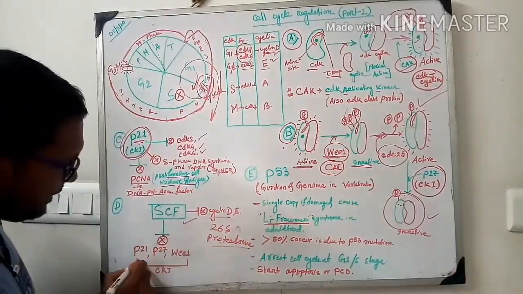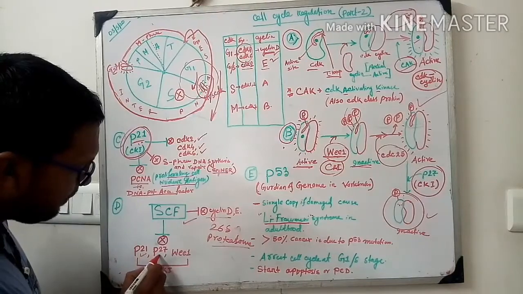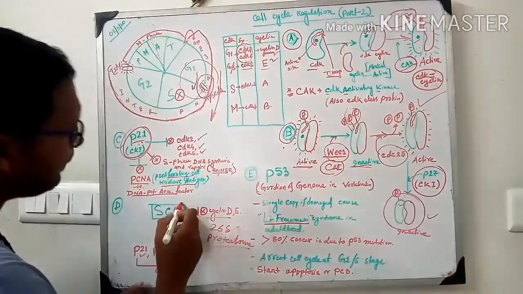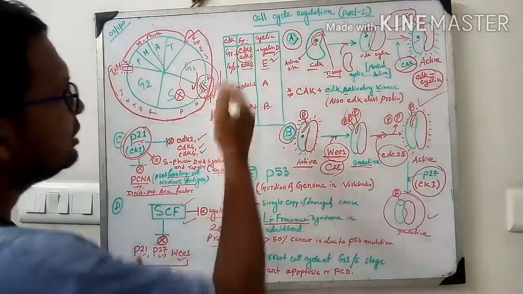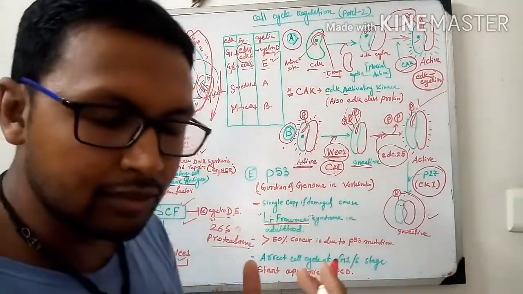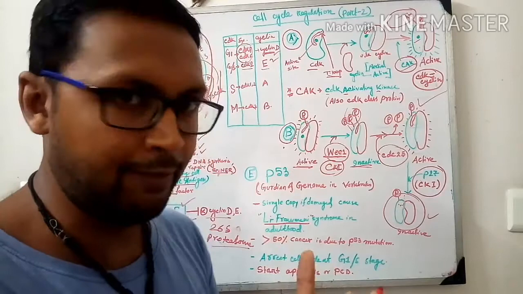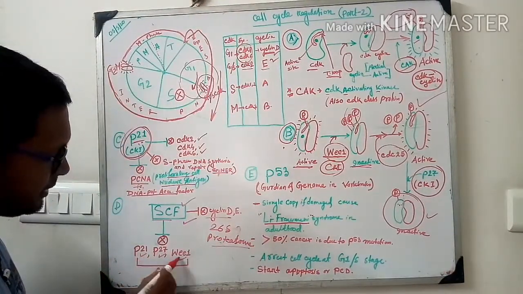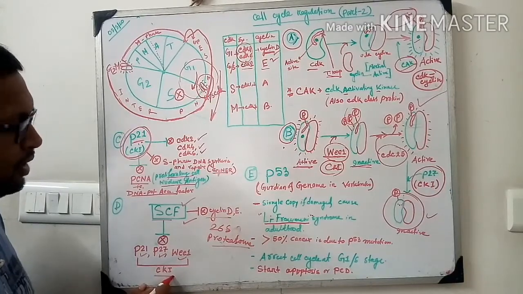SCF inhibits P21, P27 and P16, all the CDK inhibitors. So SCF is actually the friend of the G1 CDK, the CDK cyclin pair.